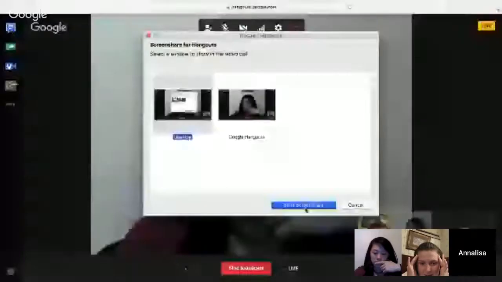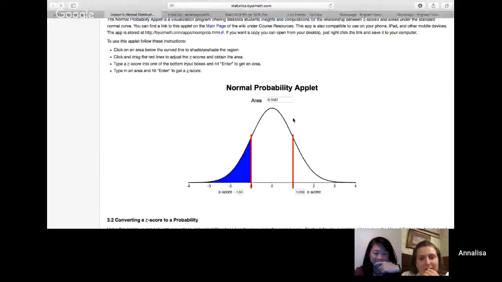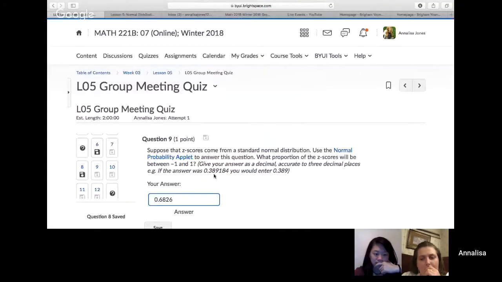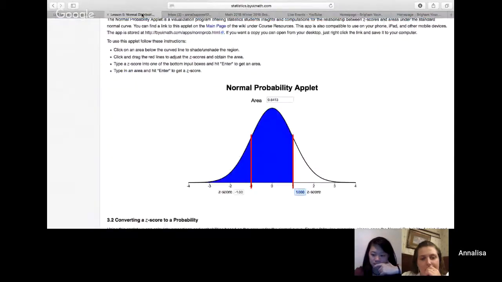Here, let me screen share with you for a second. We just put in the 1 for the z-score here, and that gives you the area of this whole thing that's lower. The question is asking for the area between -1 and 1, so that's looking for this area.